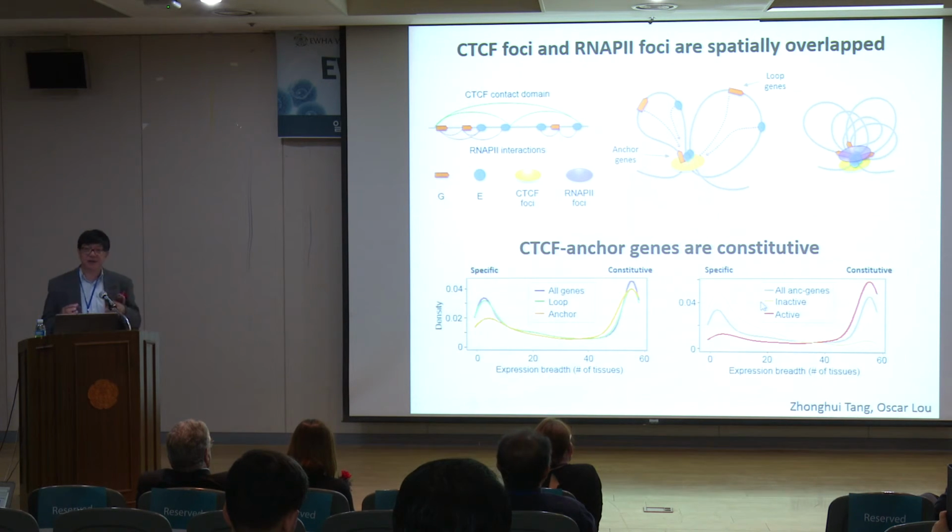Further, when you look at the active anchor genes within particular cell lines, we can see that most of the anchor genes are mostly so-called commonly expressed genes.